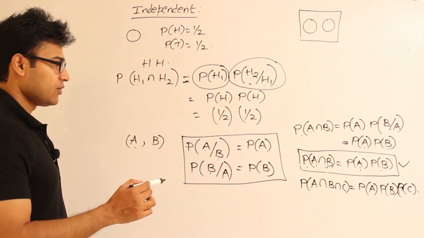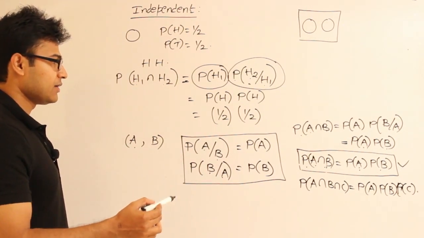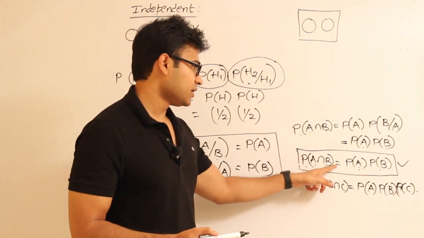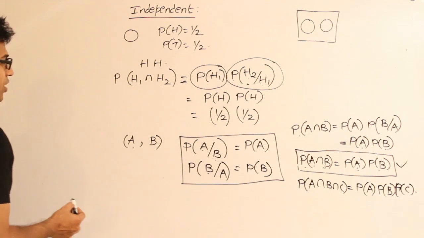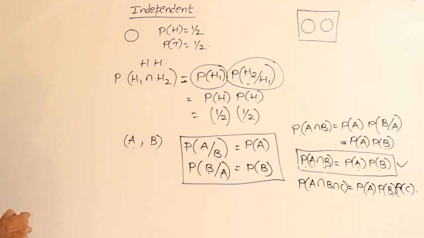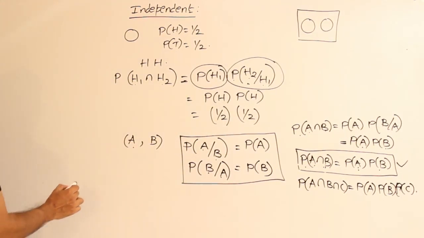What is the concept? Two events are said to be independent if P of A intersection B is equal to P of A into P of B. So what I can write here is like this. Understand this one.